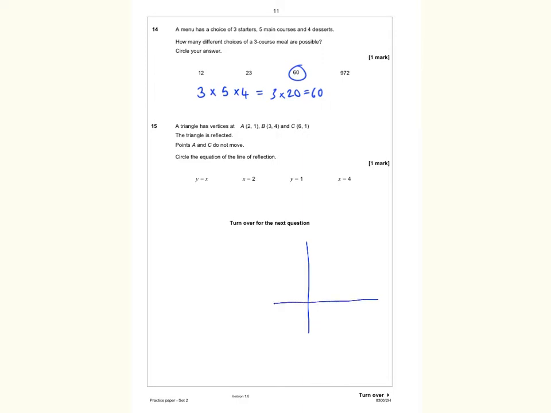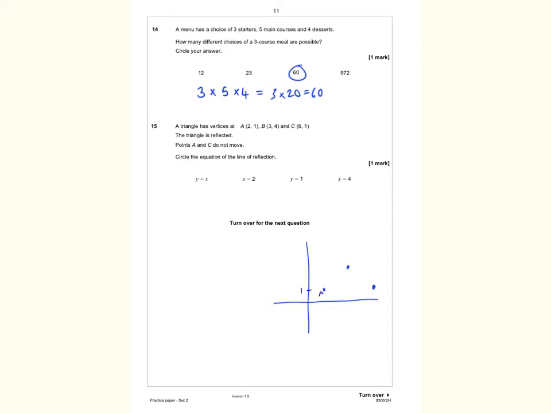So point A is 1, 2, so maybe about here. Point B is 3, 4, so maybe around there. And point C is 6, 1, and it will be in line with point A. I can see that the y values are the same here. So we've got 1 there.